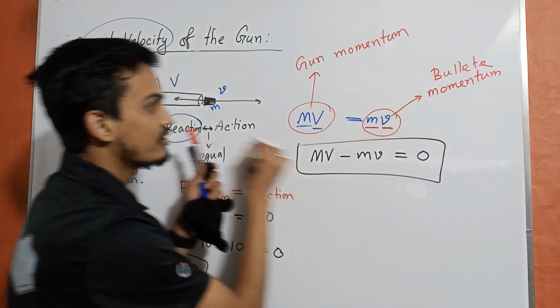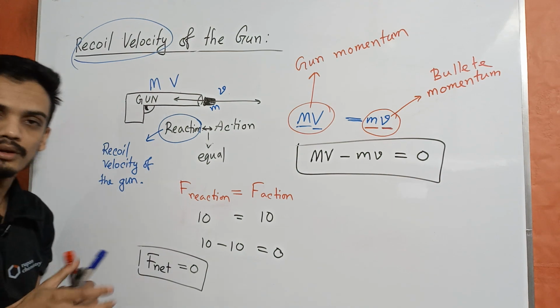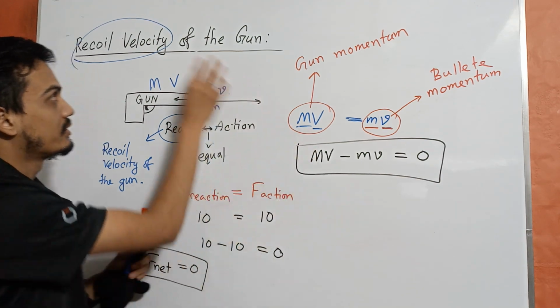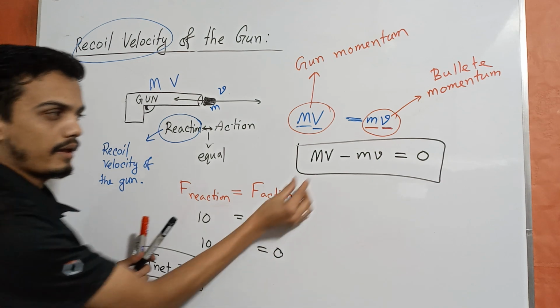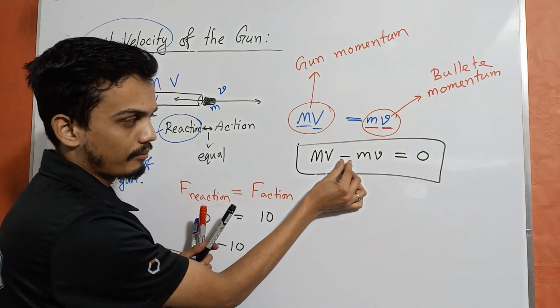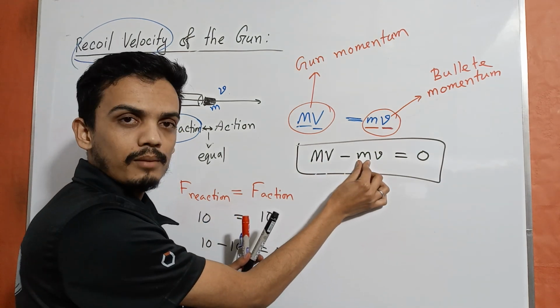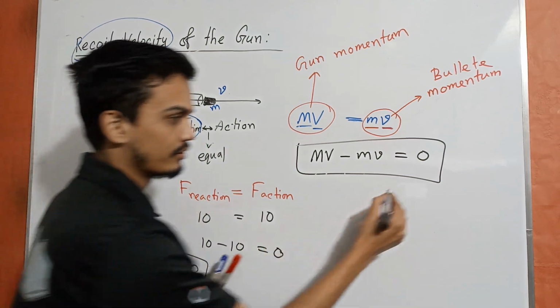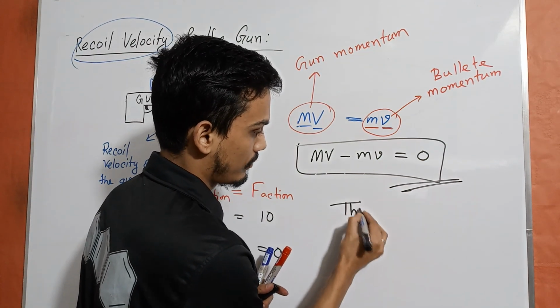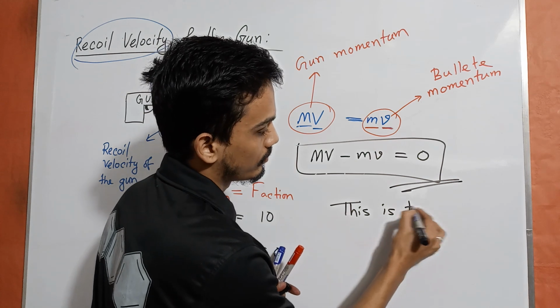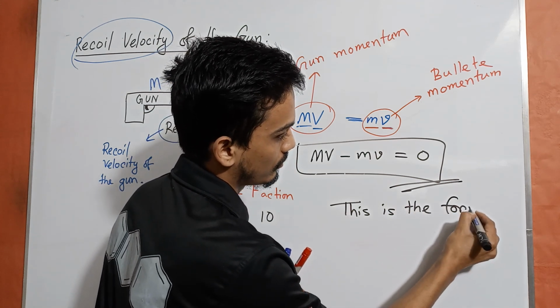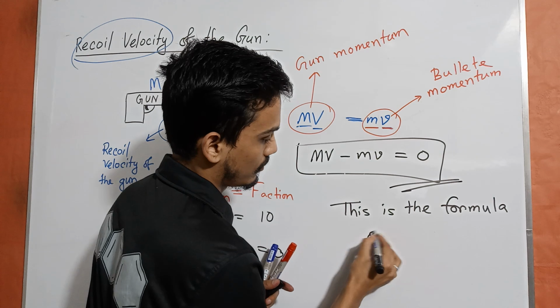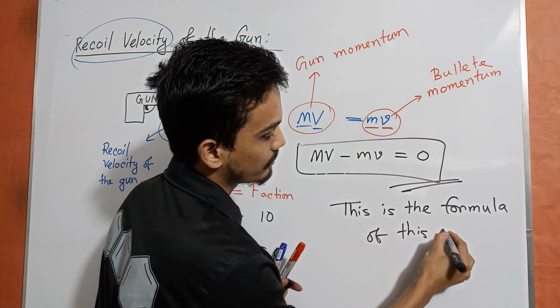This is the formula for this type of math: capital M capital V minus small m small v equals 0.